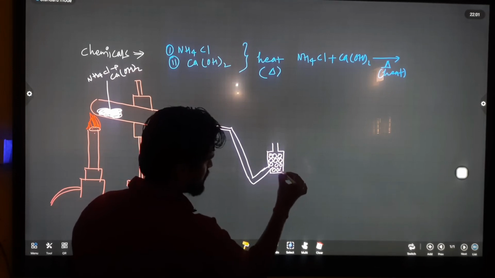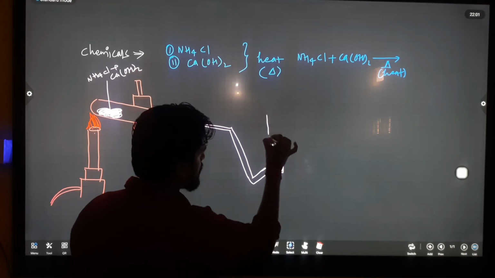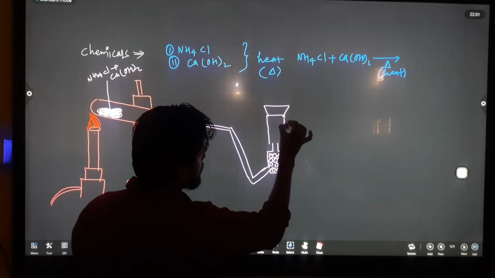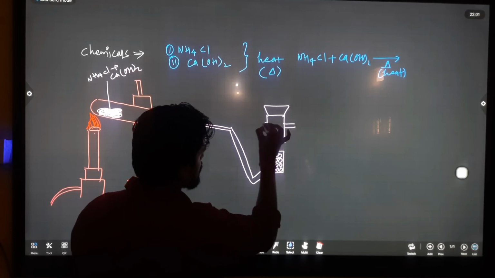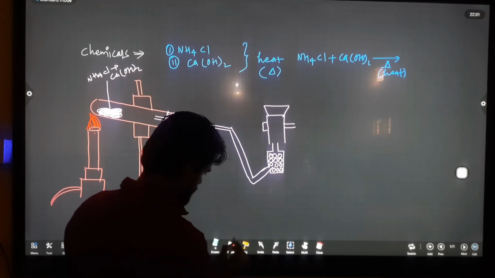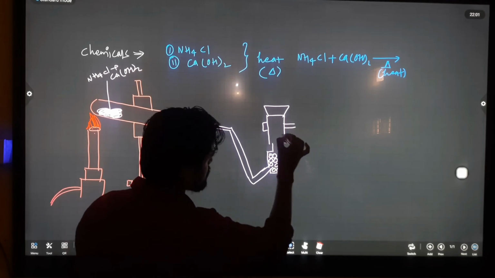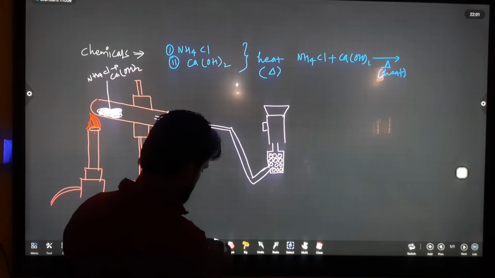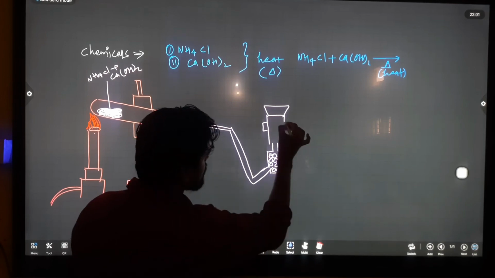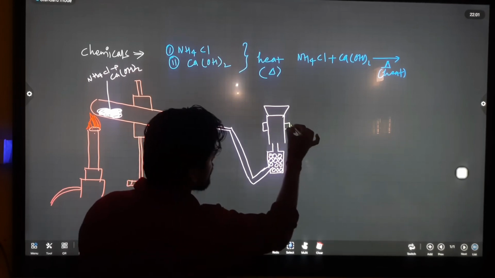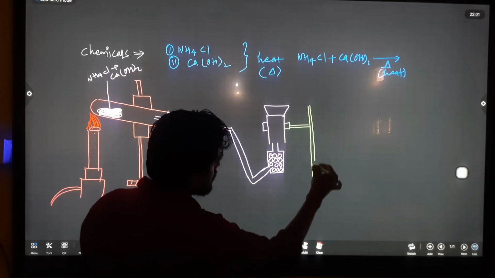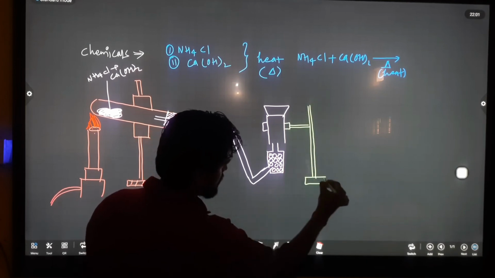Lime means calcium oxide. And here we can collect the gas. For that we also need a stand, and another stand here.